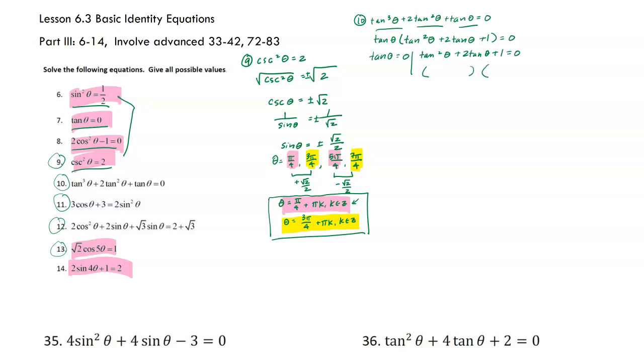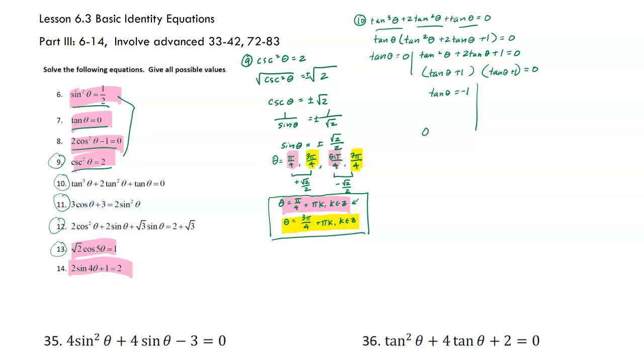Now I can factor this. Looks like a perfect square trinomial. Tangent theta plus 1, tangent theta plus 1. So I could just take one of these, and tangent theta equals -1. And you're just going to get a double multiplicity. Okay, so it's not necessary.